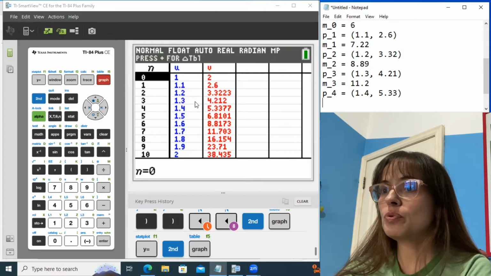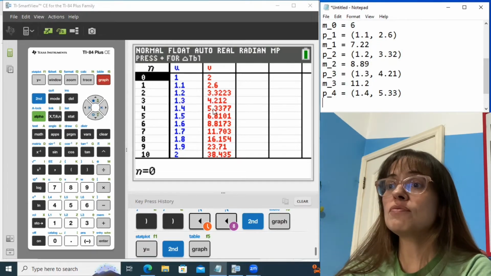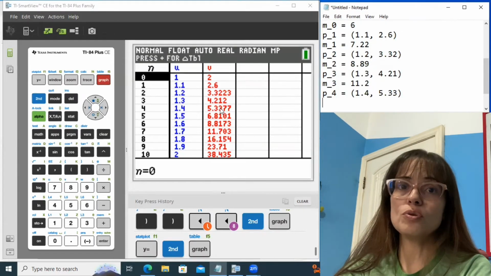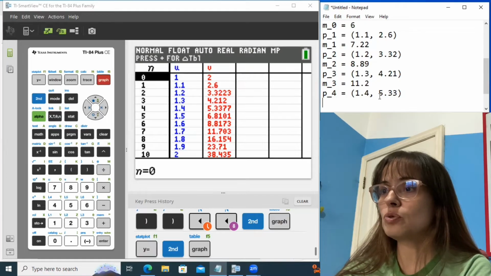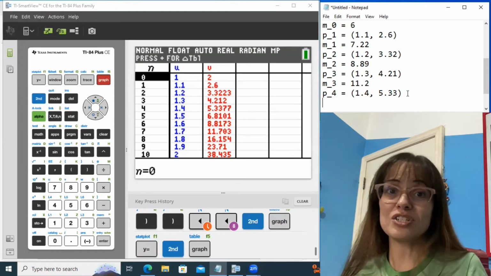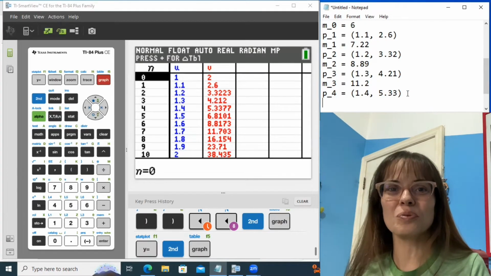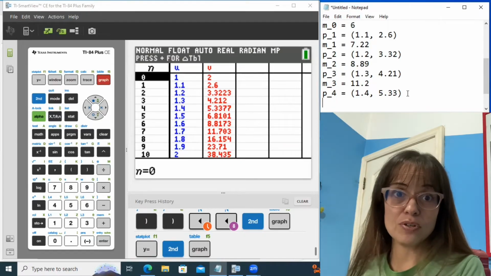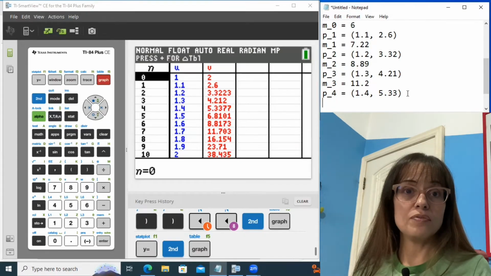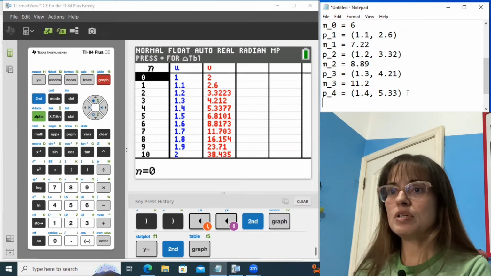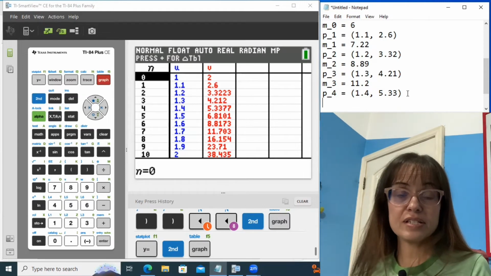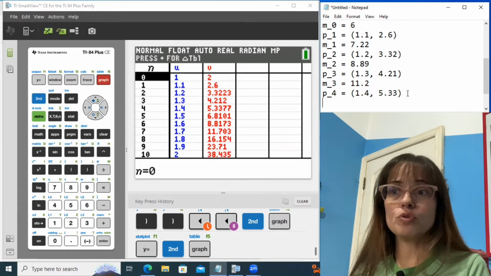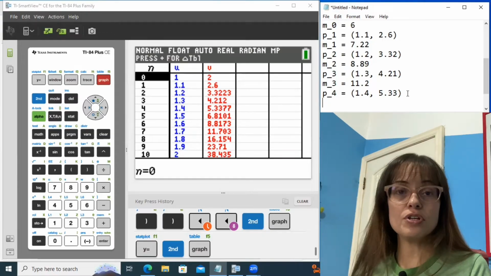Then you have 1.3 and 4.21. 1.4, I'm getting 5.34 here to three significant figures, and originally I had 5.33, but that's just because I wasn't careful with my significant figures, which is one of the advantages of typing it in this way, because the calculator is automatically going to be very careful with the significant figures.